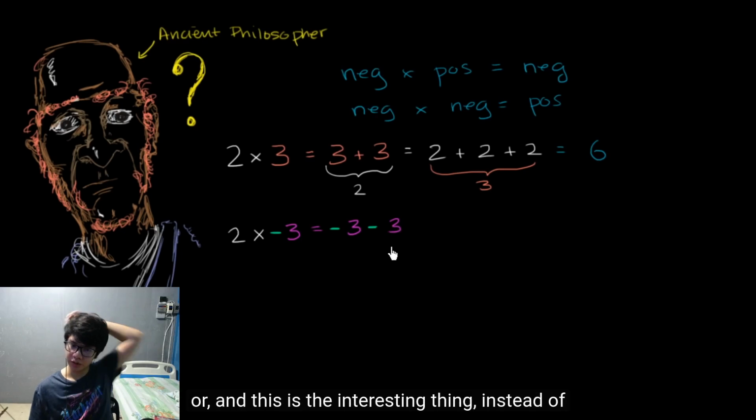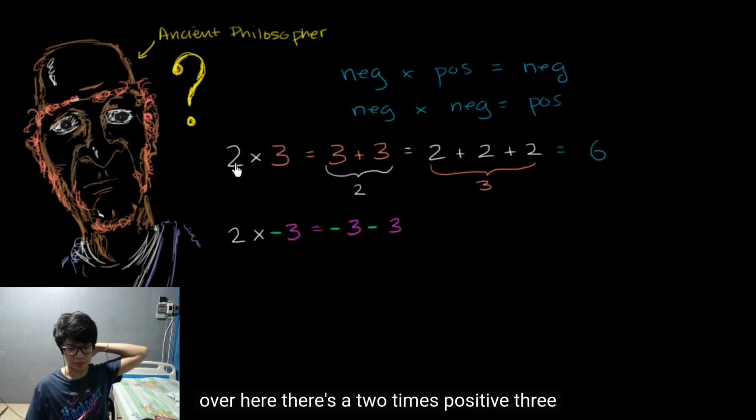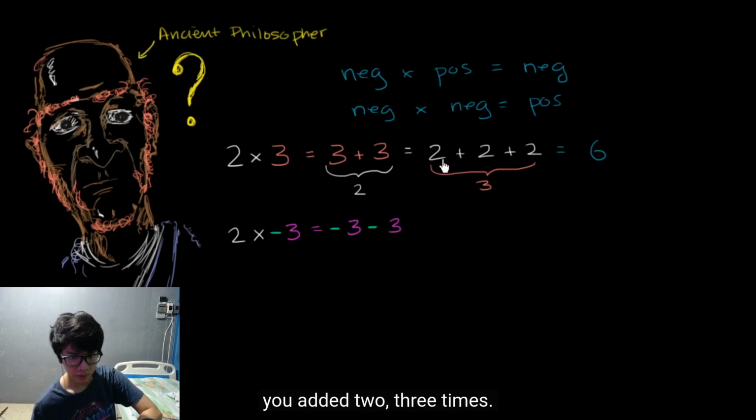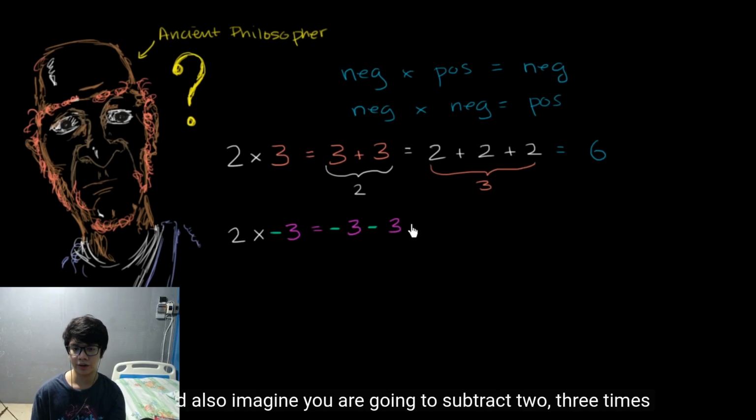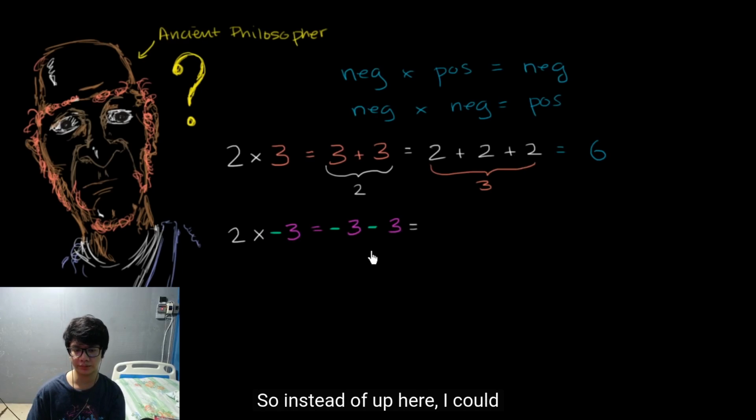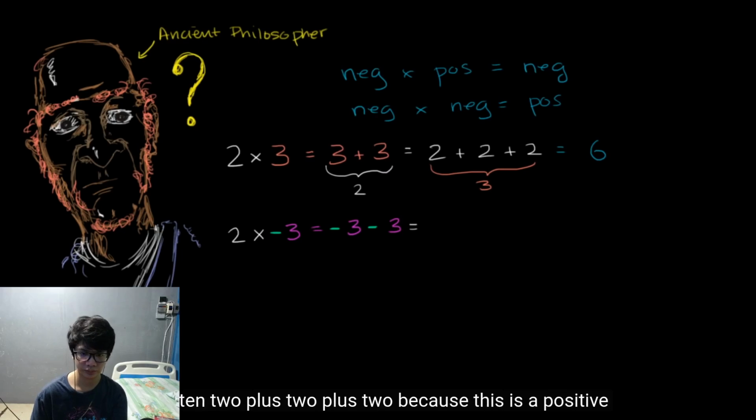Or, and now this is the interesting thing, over here since it said 2 times +3, you added 2 3 times. But since here it's 2 times -3, you could also imagine that you're going to subtract 2 3 times. Up here I could have literally written +2 +2 +2, because this is a +3.